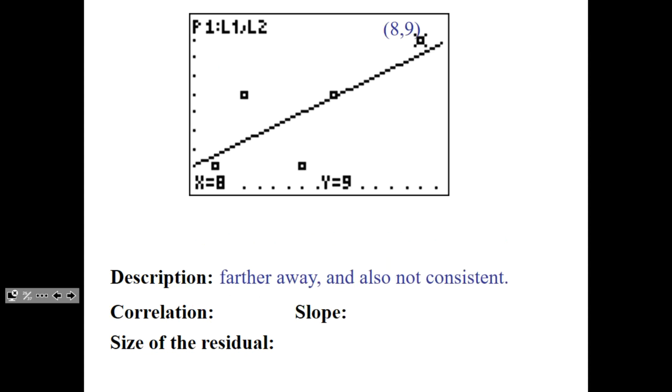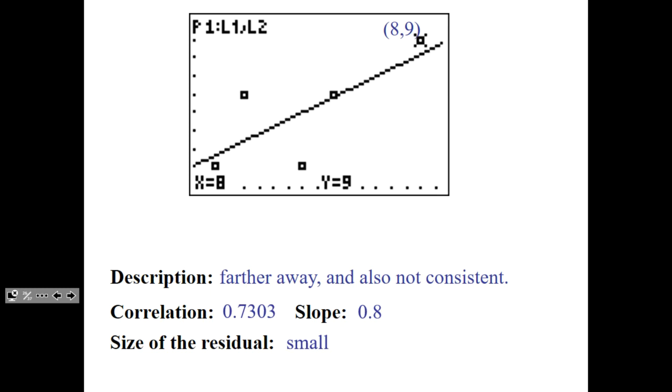8.9. How does 8.9 do when that point is changed to 8.9? What do we see? So pause the video, finish it up. All right, so you're back. Correlation, 0.73. Slope, 0.8. Size of the residual. Looks like size of the residual is pretty small.